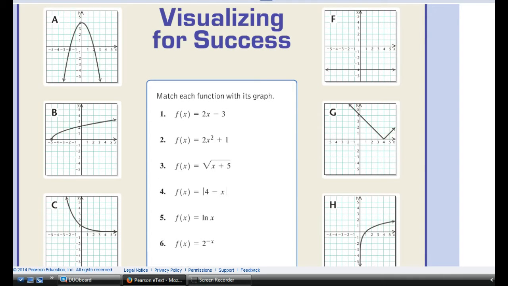So when we look at A as a typical graph, what do we know about it? Well, our parabola is going so that it opens downwards, and our maximum or our peak here is on 4. So which equation is this like?